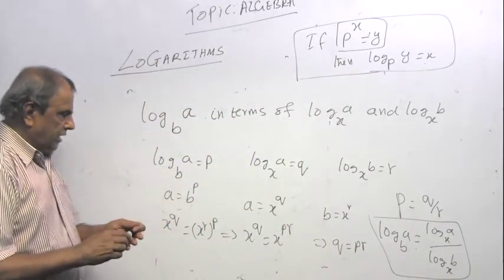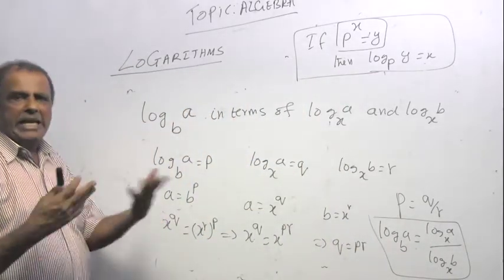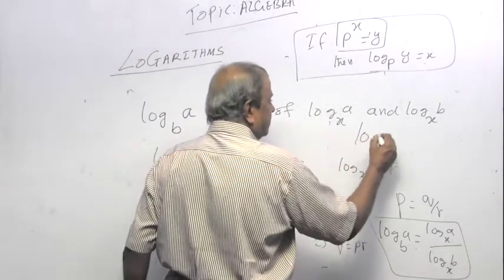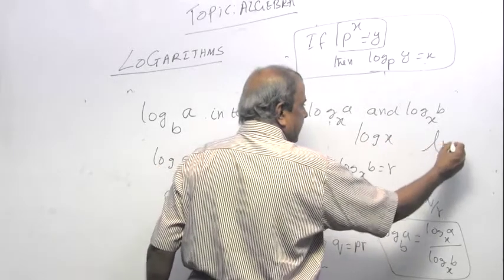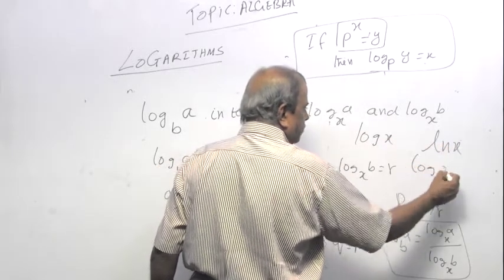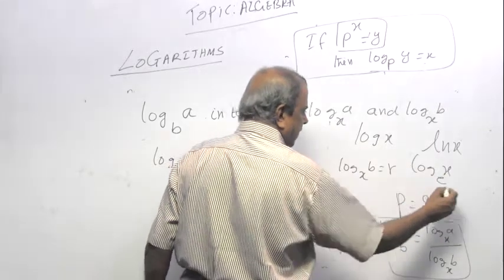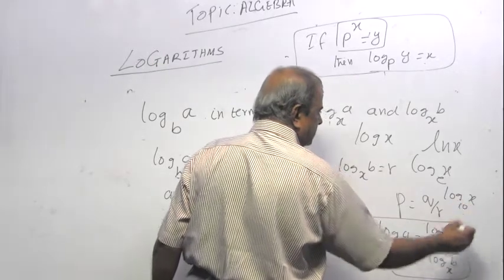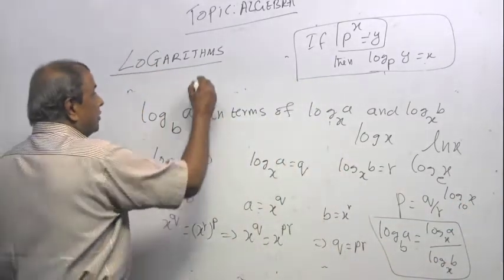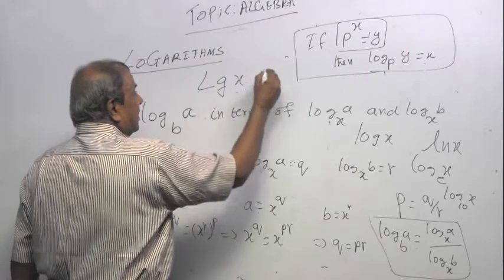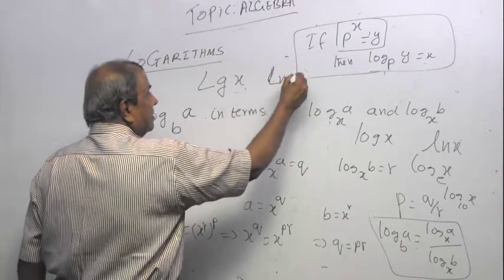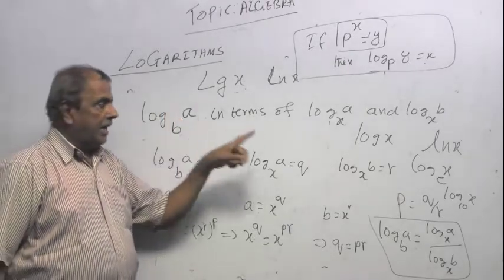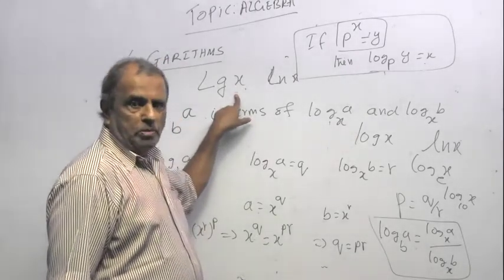Of course, a log without a base is meaningless, but in the exam, you will say log x. Sometimes you will say ln x, sometimes they will say log x to base e, sometimes they will say log x to base 10. Sometimes some books use lg x and ln x, depending upon the textbook. Remember, lg means log to base 10.